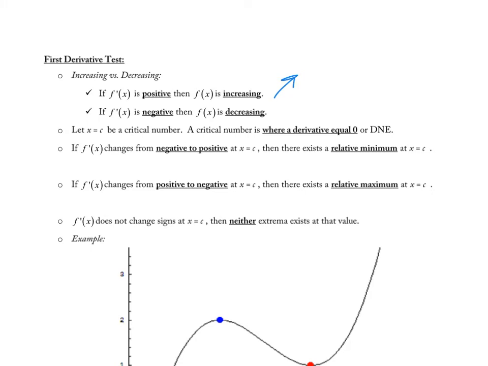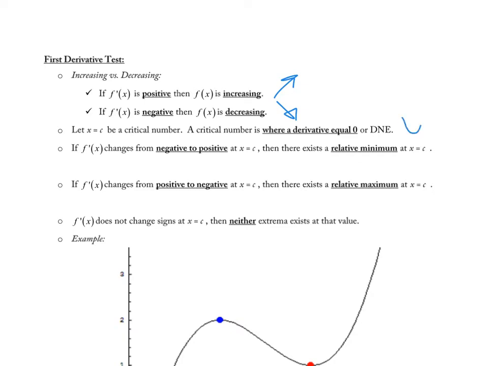If f prime of x is negative, then that means the original function is decreasing, okay? The critical numbers are where the derivative equals 0. So that means your graph is neither increasing nor decreasing.